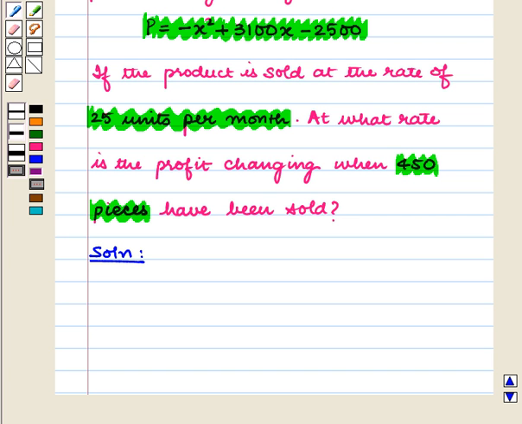So here we are given quantities sold per month. Month represents time period. So profit P and quantity x sold both are changing with respect to t.